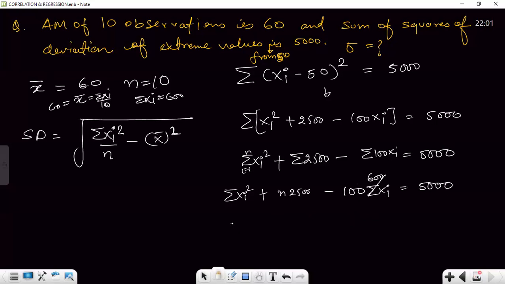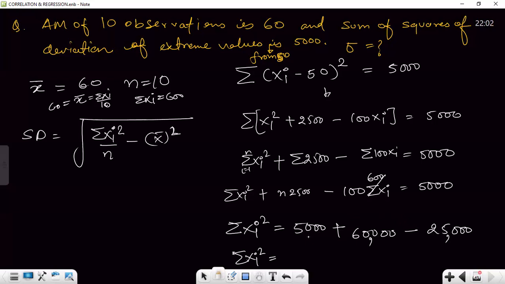So sigma xi square, on the right-hand side, becomes 5000 plus 600 into 100 minus 2500 into n, and n is 10, so 25000. Now let's calculate this. 60,000 minus 25,000 is 35,000. 35,000 plus 5,000 becomes 40,000.